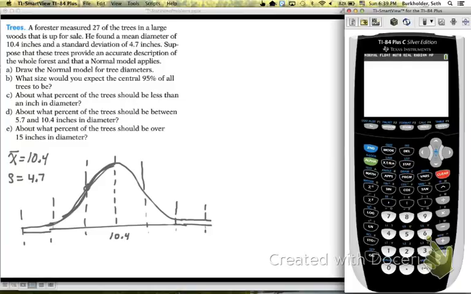10.4, I'm going to grab my calculator here, 10.4 plus 4.7 is 15.1. So this value, 1 standard deviation above the mean, is 15.1. 2 standard deviations above the mean is 19.8. And 3 standard deviations above the mean is 24.5.